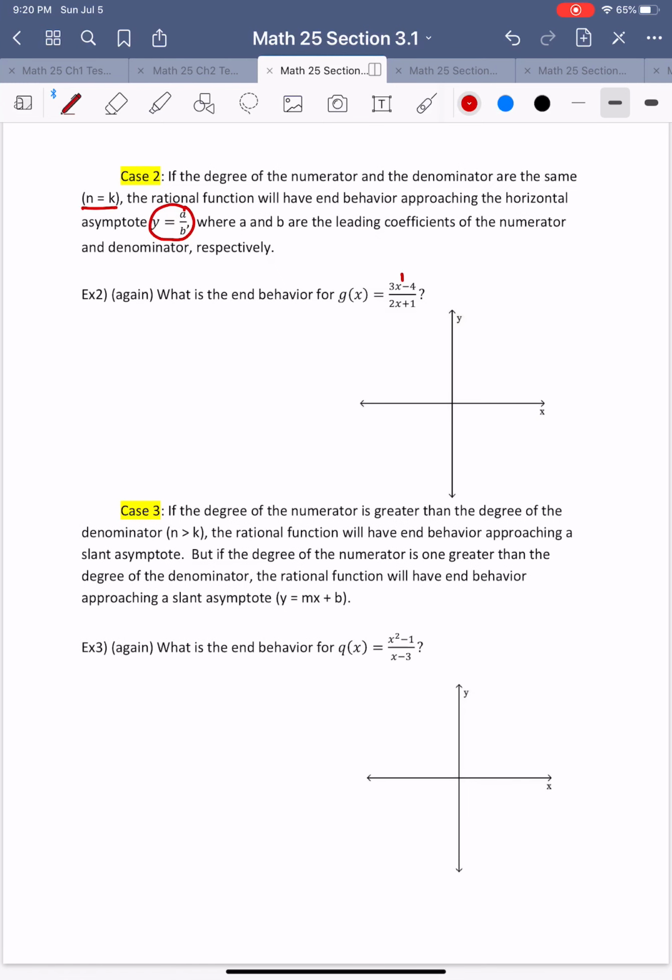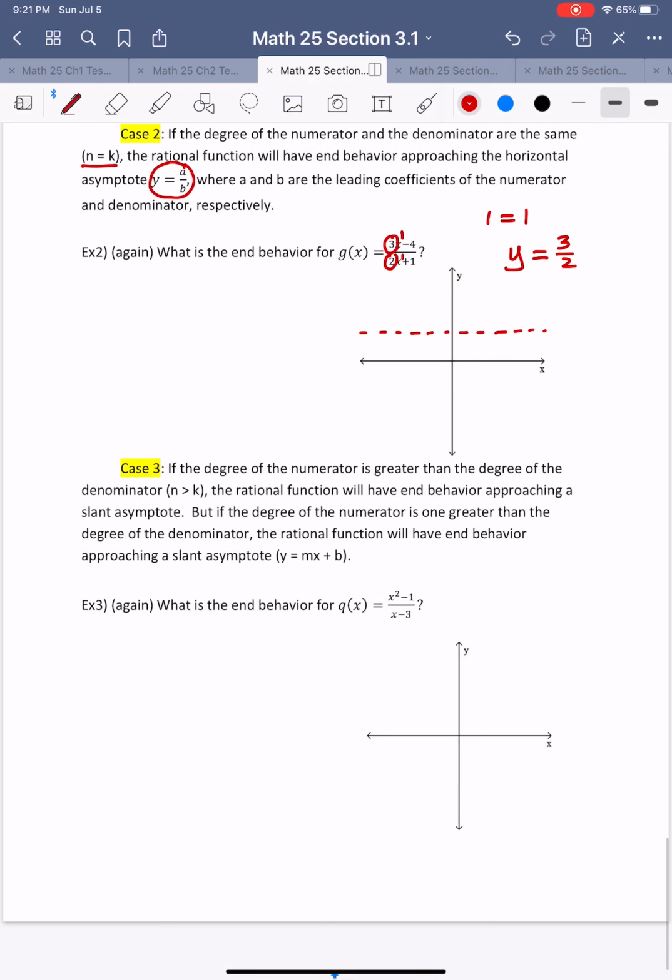The degrees are 1 and 1, the same degree, with leading coefficients 3 and 2. So the horizontal asymptote is 1.5, about here. The graph goes in, and it doesn't matter which end it goes to, it approaches 3 over 2.